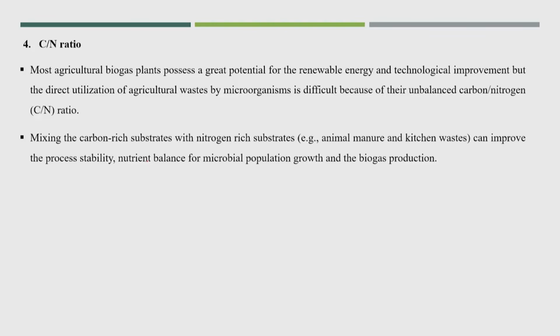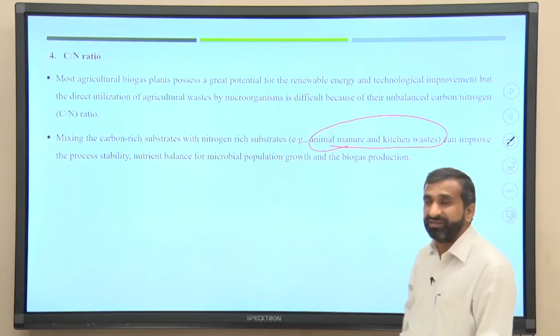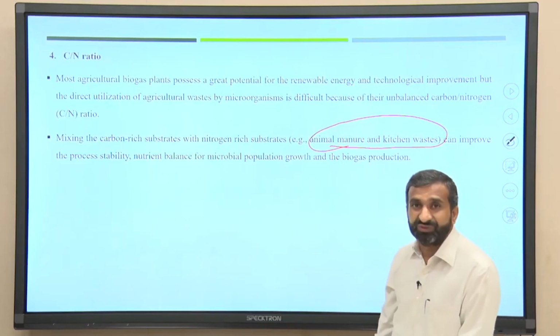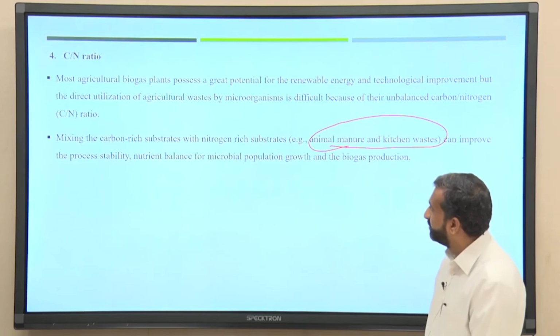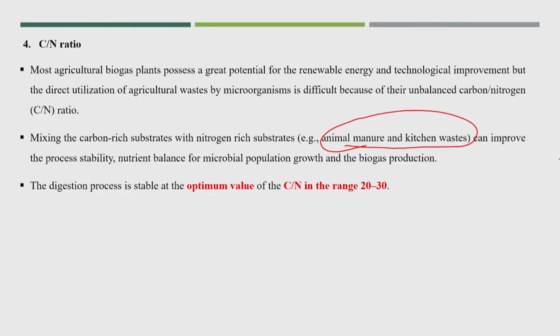So, mixing carbon rich substrate with nitrogen rich substrate like animal manure and kitchen waste will be more beneficial to maintain the proper carbon to nitrogen ratio, and normally the optimum range of carbon to nitrogen ratio is 20 to 30, which is good for methane production.